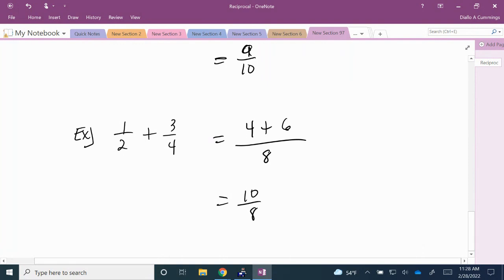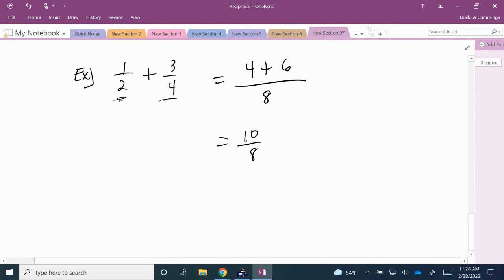So we have 10 over 8, and we have to reduce, because we have some common factors. So we can divide both 10 and 8 by 2. So we have 5/4. We're going to see that in use today as well.